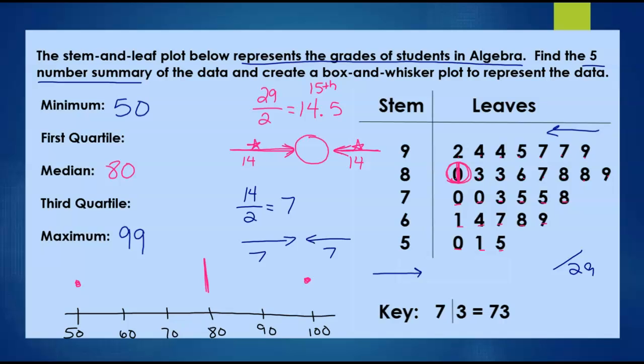So let's count it out. 1, 2, 3, 4, 5, 6, 7. So there's our 7th number from the beginning, and 1, 2, 3, 4, 5, 6, 7th number from the end. So really it's 68 plus 69 divided by 2 for our first quartile. And that, of course, would be 68.5 because that's halfway in between those two. Let's graph that. 68.5 is about here.